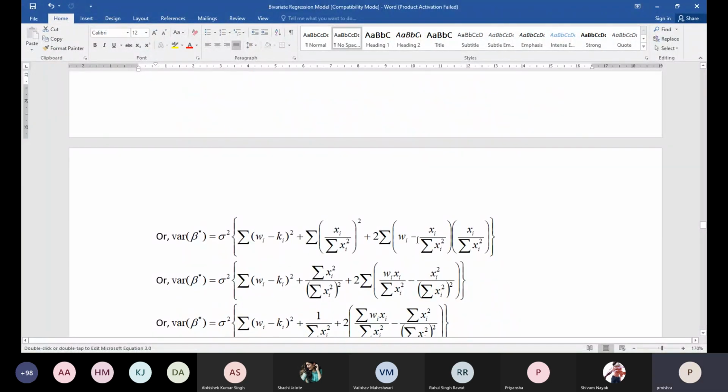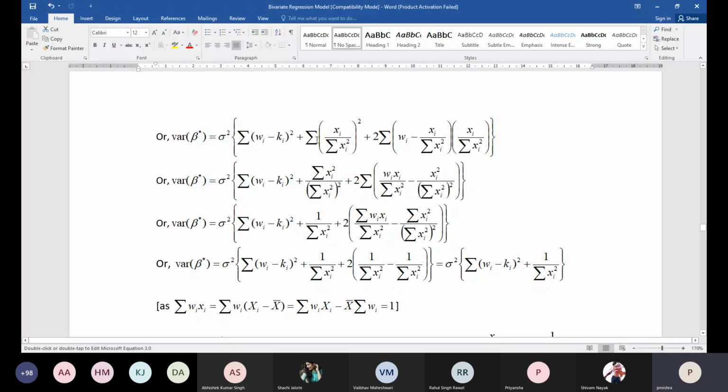Let us see this. When I take summation, it basically becomes summation of small xi square divided by summation of small xi square whole square. Because as I said sometime back, this is a given number, so it doesn't matter whether you take it inside the summation or outside the summation.